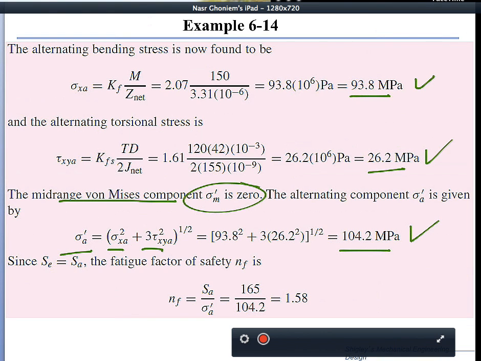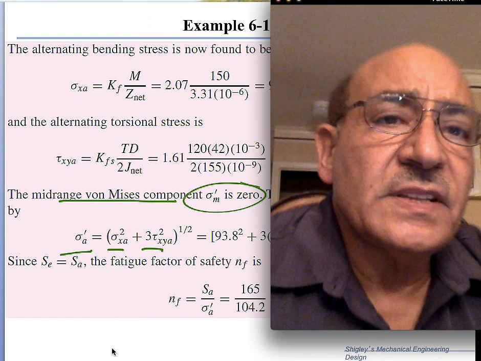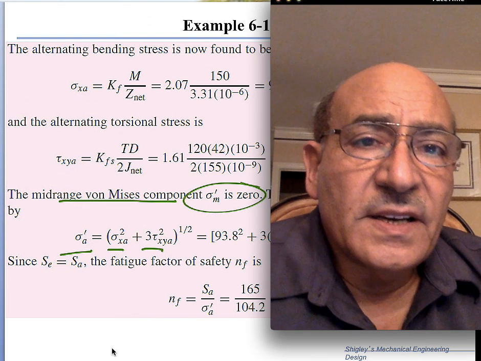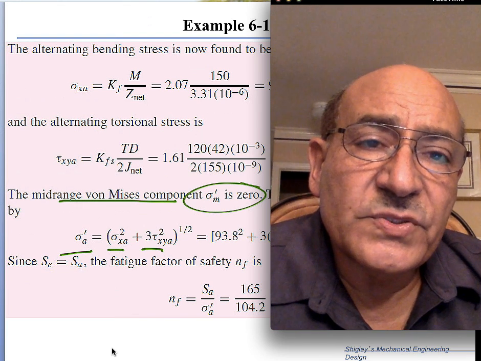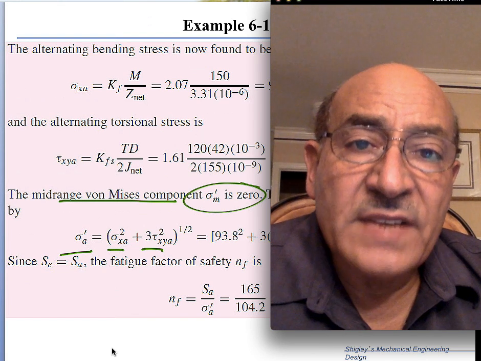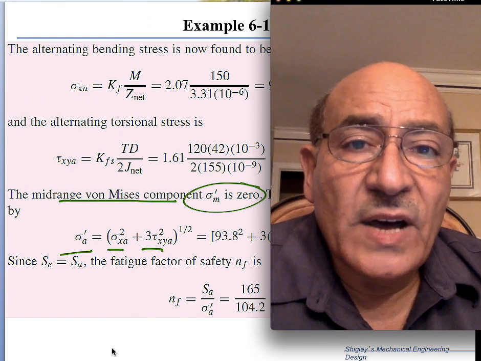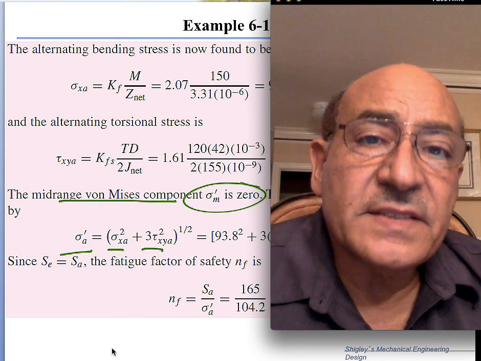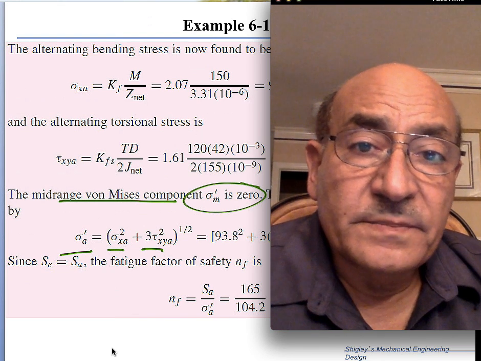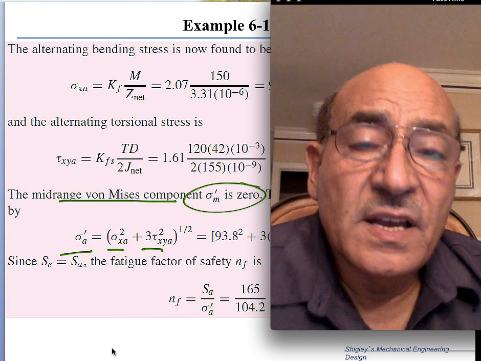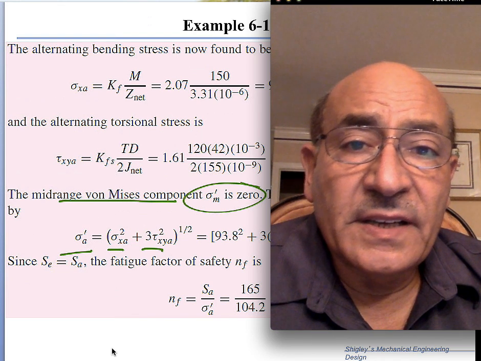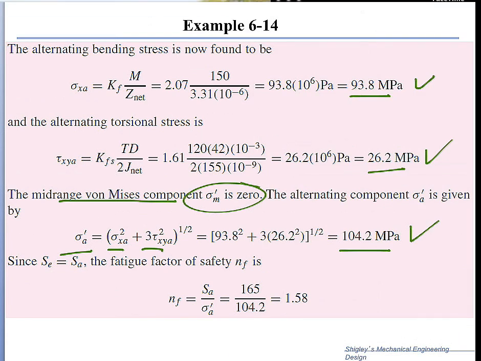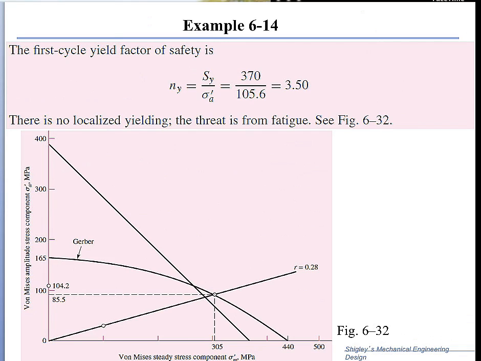So if you think about this situation, we converted the entire problem into finding an equivalent alternating stress that is equal to 104.2 MPa, and the mean stress is equal to 0. Now, since we know the strength of the material, S ultimate and S yield and SE, we should be able to construct both the Langer line and the Gerber line if we want, and that looks like this.